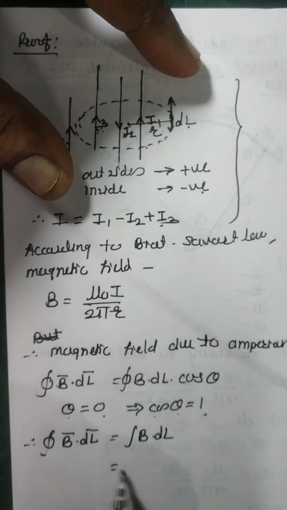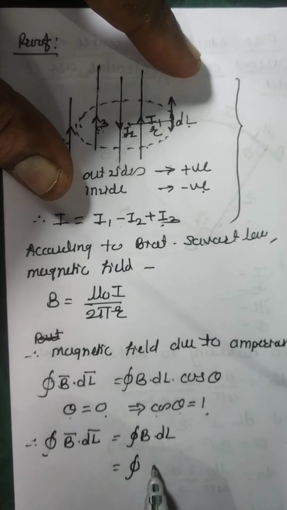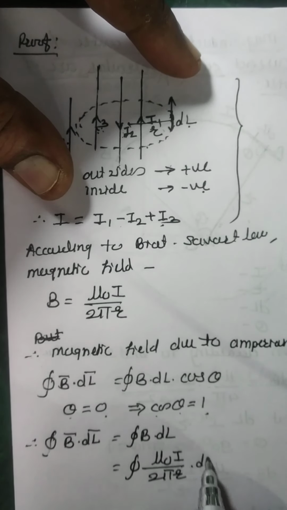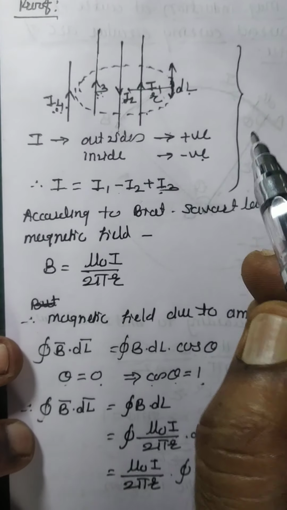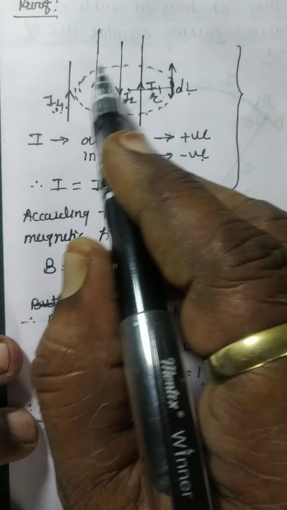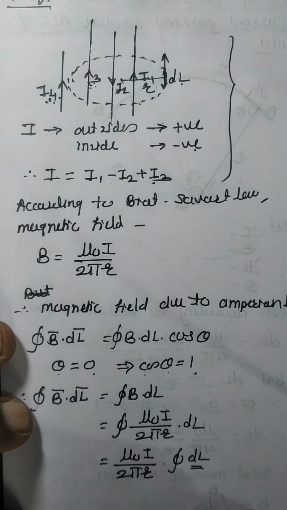Value of B, that is closed integral of mu naught I divided by 2 pi r into dl, which is equal to mu naught I divided by 2 pi r into closed integral of dl. dl is the length of a small element, and the integral means the total length of the element, which is equal to the circumference.